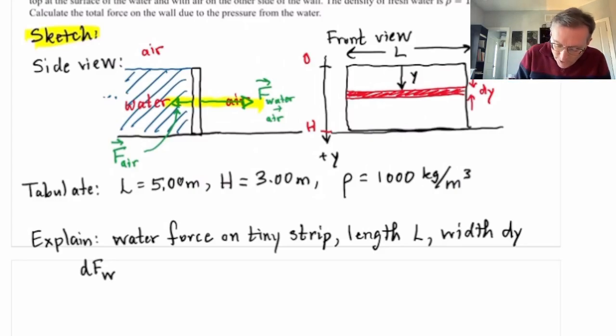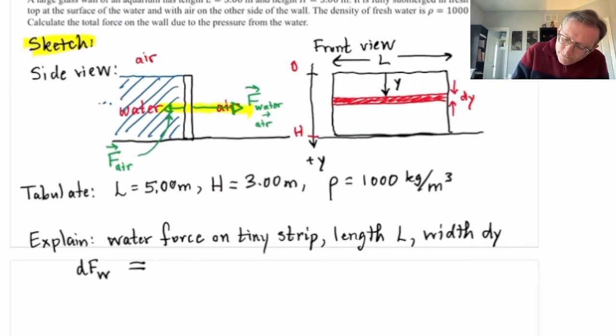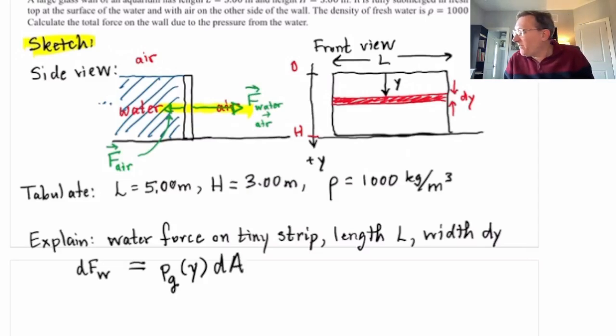And we will just use the concept of pressure as force over area and mentally rearrange that. If pressure is force over area, then force is pressure times area. So to get the water force, I need the pressure just due to the water times the area of that strip. The pressure due to just the water, ignoring the extra effect of the air on top of the water, is called the gauge pressure, and it's a function of the y coordinate. And I multiply that by the area dA of that little strip.